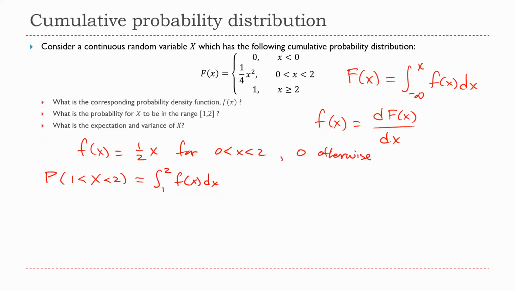But of course we could also just use the cumulative probability distribution itself, essentially looking at the difference between this value at 2 and the value at 1. So this is probably the easiest way to work out the problem. We did not need to know what the probability density function is.